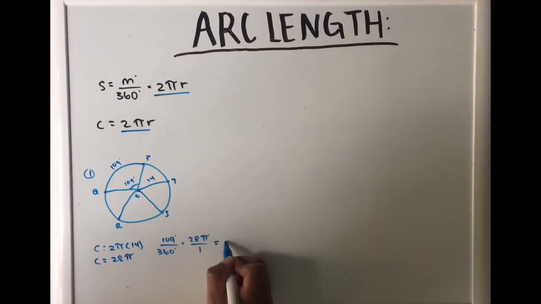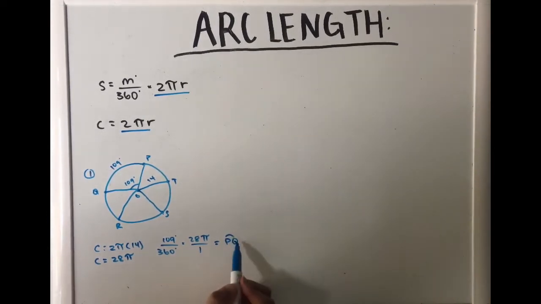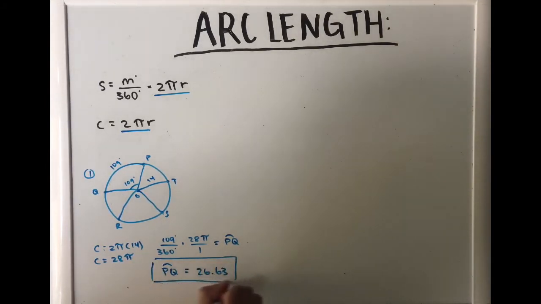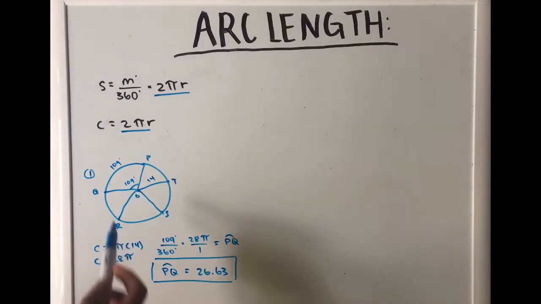And all of this is equal to PQ, the length of arc PQ. When we simplify all of this, we're going to get that the length of arc PQ is equal to 226.63. And that would be how you solve for the length of this arc.